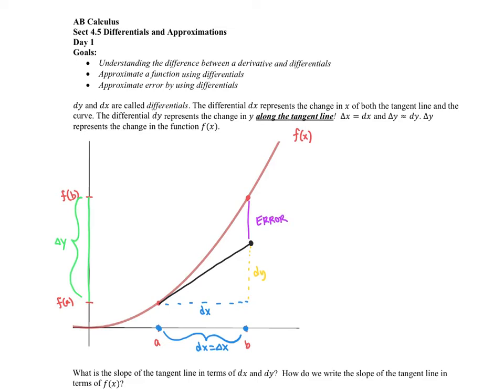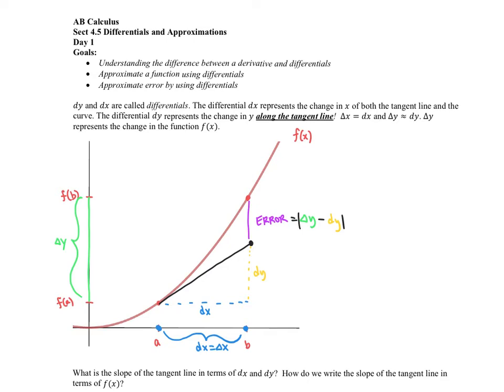That would be delta y minus dy. I'm going to put absolute values around that because in some cases, if f of x is concave down, dy might be an overestimate of delta y.